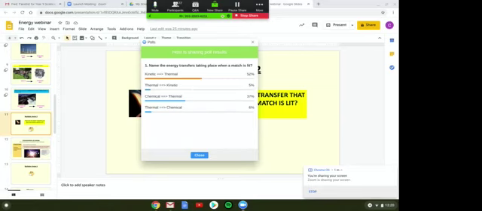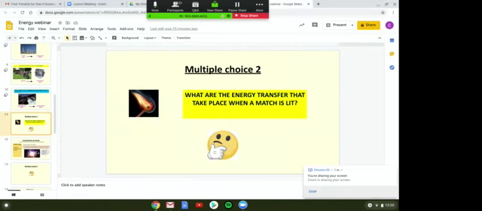You could argue that you're striking the match, creating kinetic energy there as well in order to transfer the chemical in the match to the thermal. But generally, because the match is made of wood and it's got the phosphorus tip, we would talk about that being a chemical that's going to convert into the thermal energy store. So well done to those of you who got that one right.